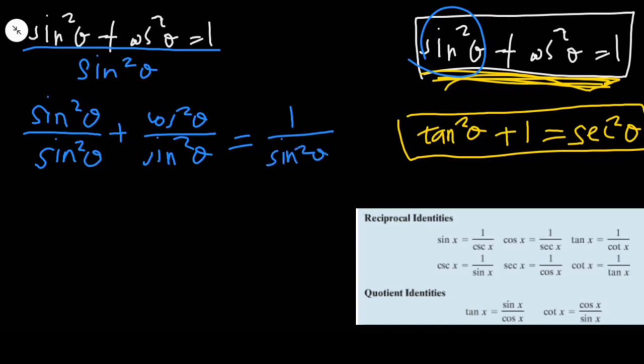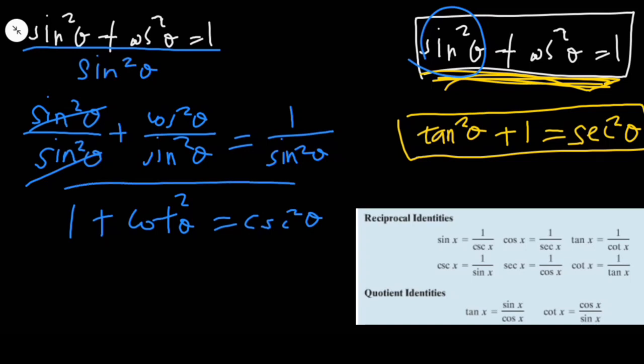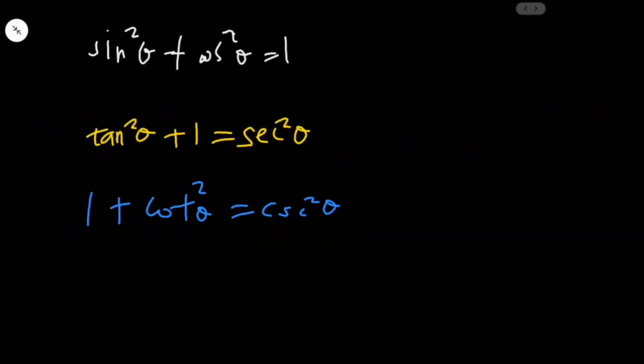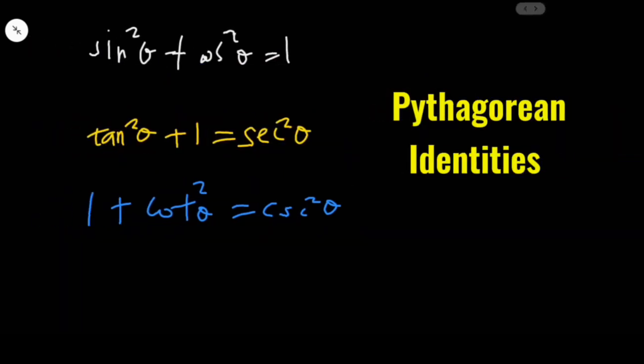Sine squared theta over sine squared theta is equal to 1, plus cosine squared theta over sine squared theta is cotangent squared theta, equals cosecant squared theta. So these three are the Pythagorean identities, but we can also have another equation by using subtraction.